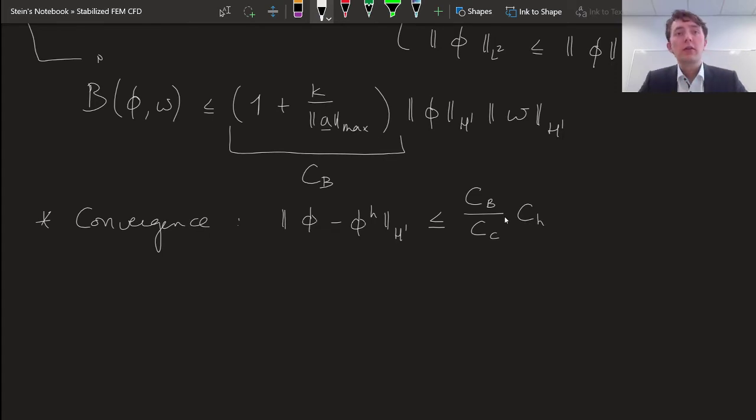That's something that we got from interpolation theory, something that we really can't change. It's a fixed constant. Multiplied by h, and h was a measure for our mesh size.